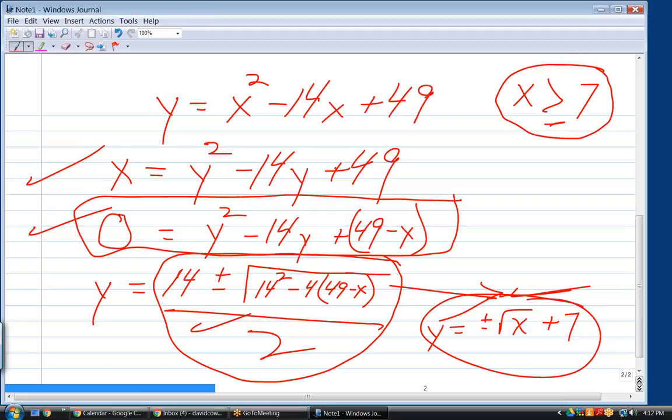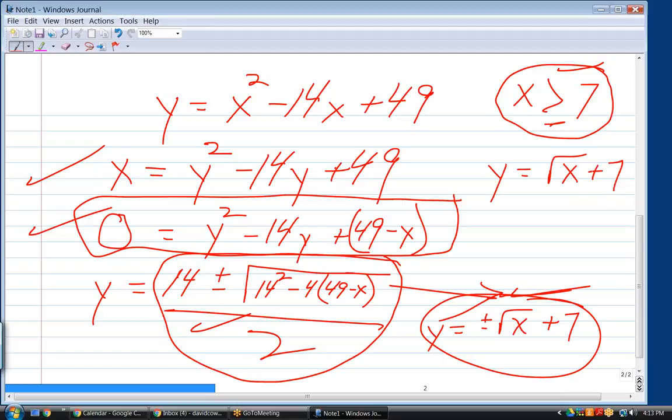No, what it leads me to believe is that when they say x is greater than or equal to 7, well, after we switch the variables, that means y is greater than or equal to 7. And for that to be true, we could not have this negative sign here. In other words, the answer that they probably are looking for is this.